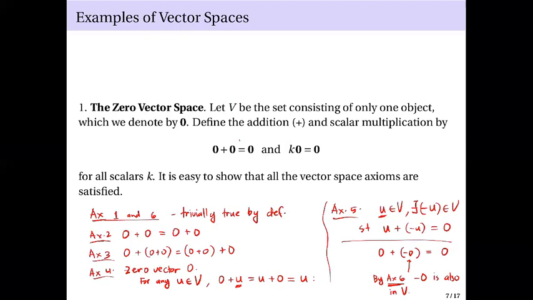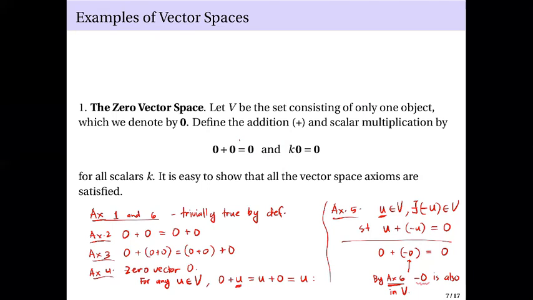So this negative 0 here is also your 0. So axiom 5 is satisfied. And I'm going to leave you the rest, axioms 7, 8, 9, and 10. You just distribute a scalar, you distribute the object 0 on the scalar, and all of them will just be 0. So the 10 axioms are satisfied.